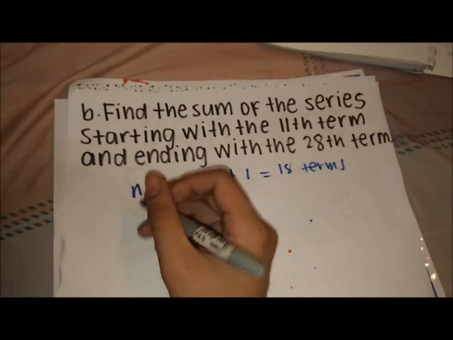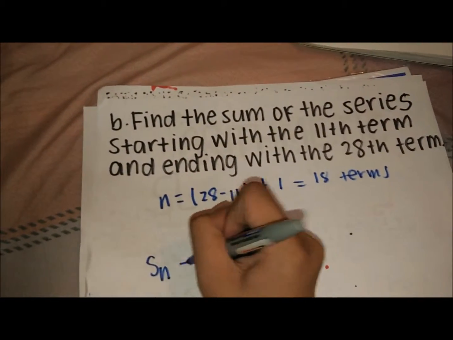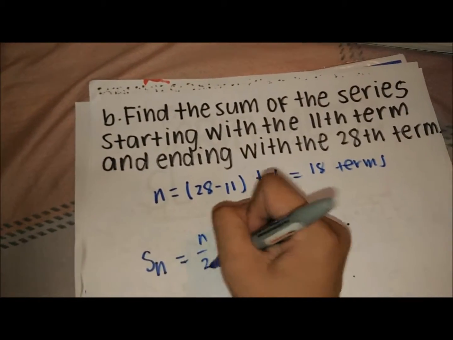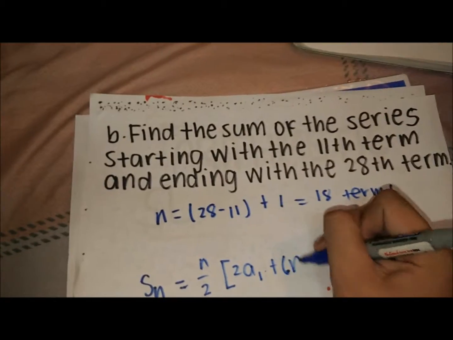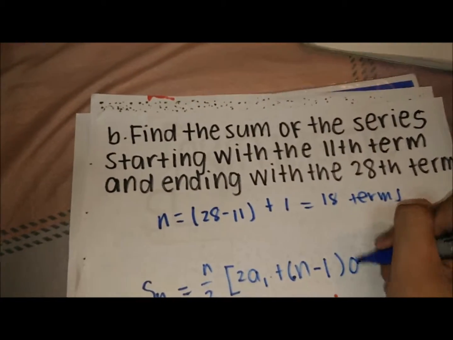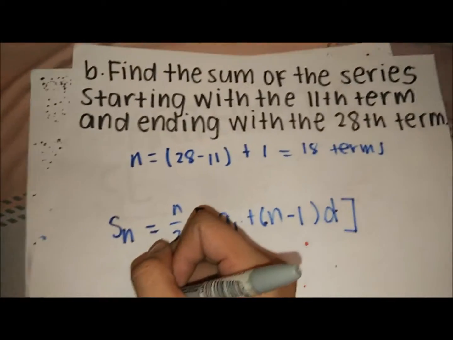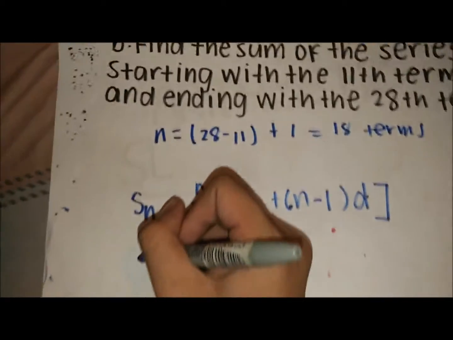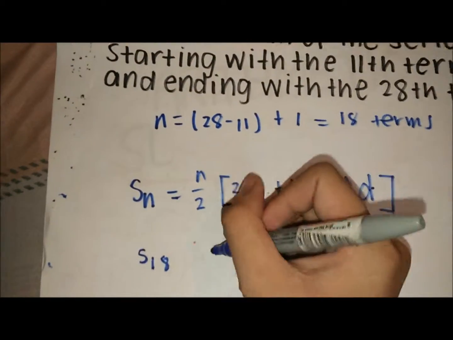So, given the example, I'm going to use my formula again. S sub n is equal to n over 2 times 2a sub 1 plus n minus 1 times d. Since we're finding 18 terms, this should be S sub 18.